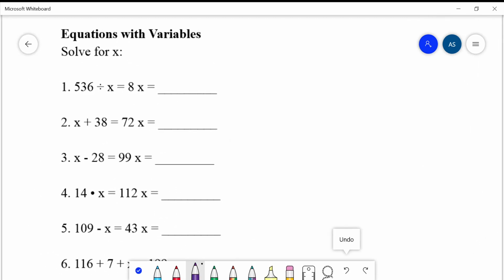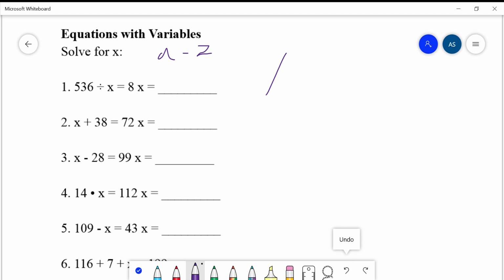We have 536 divided by x is equal to 8 times x. Whenever it's a variable, a letter, any letter from A to Z, it's a variable. Any number next to a variable, like 8x, is a multiplication. Right over there, this here is a multiplication. Okay, all the time.